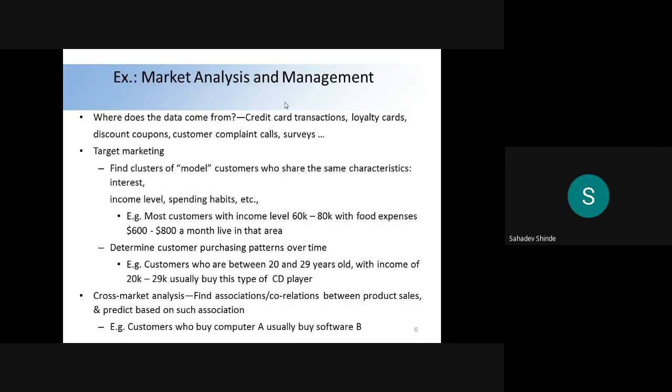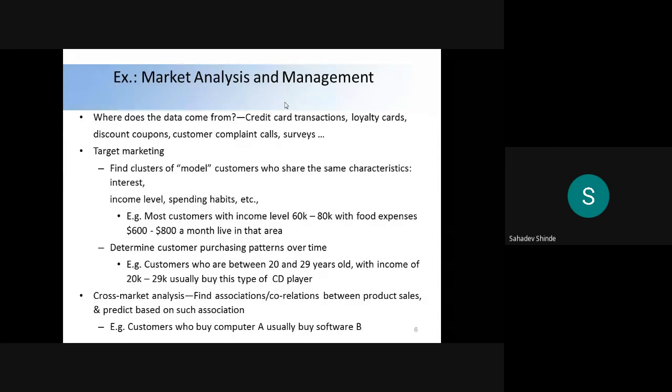Customers like these you are able to find out. This is one example of target marketing. Suppose you are the manager or MD of a car company and you are going to sell cars to customers, then you need to find out whose salary is high.